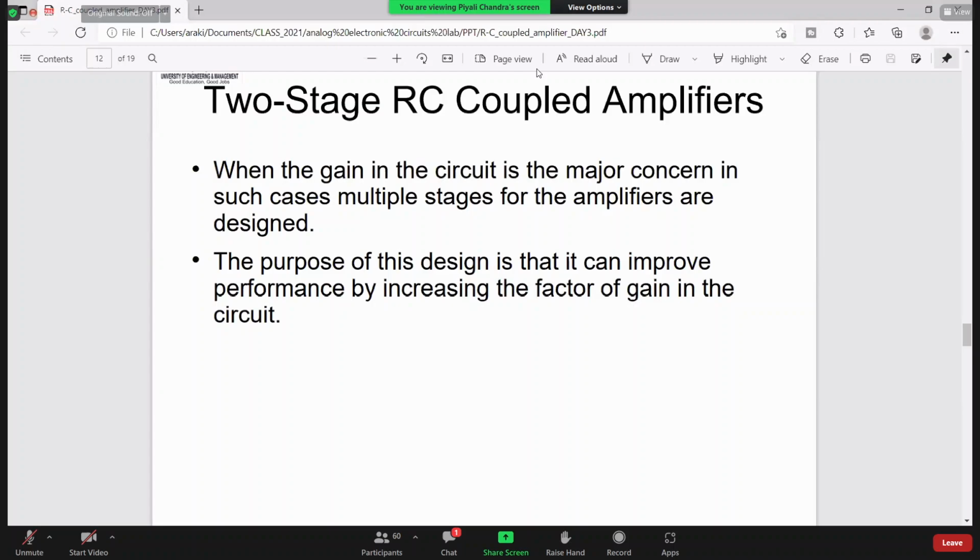Two stage RC coupled amplifier. Yes, ma'am. Okay, so you can take a 5 minute break. After that, I'll start. I'll start from 3-7. Now it's 3-2. Take a break.